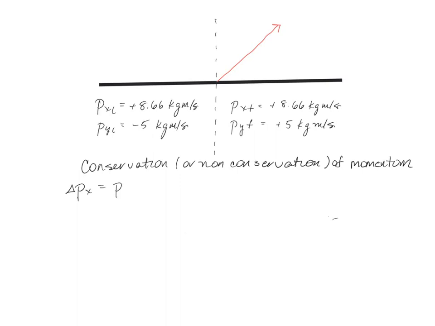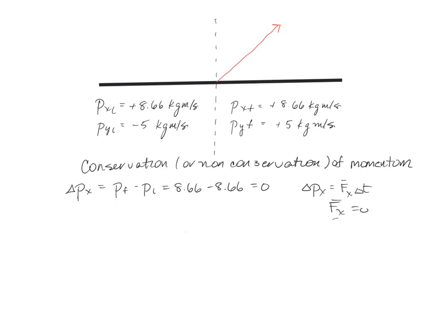And that's going to be P final minus P initial in the x direction, which is going to be 8.66 minus 8.66, which gives you 0. And because that change in px is related to Fx delta t, that tells us that there is no average force exerted in the x direction, which should make sense.